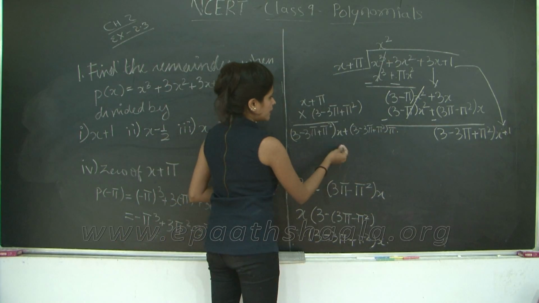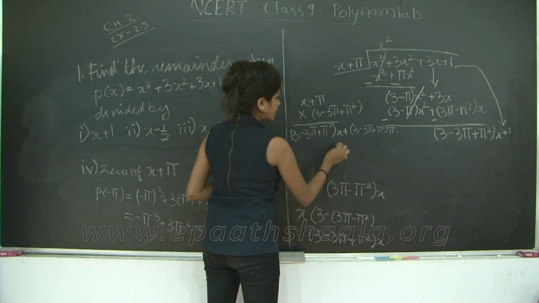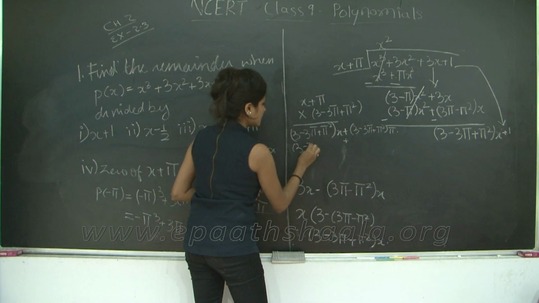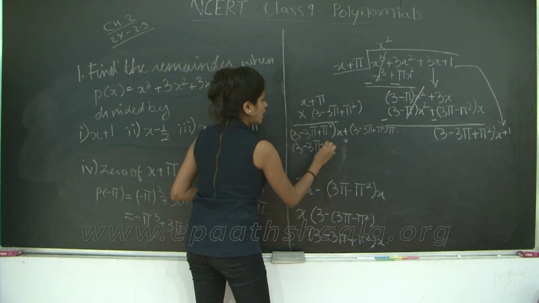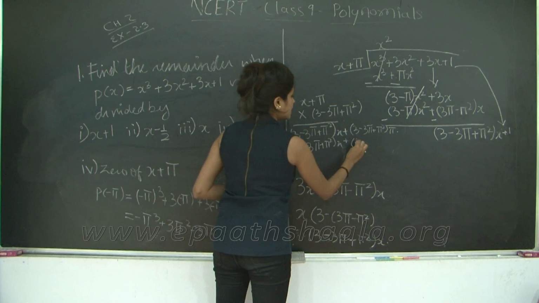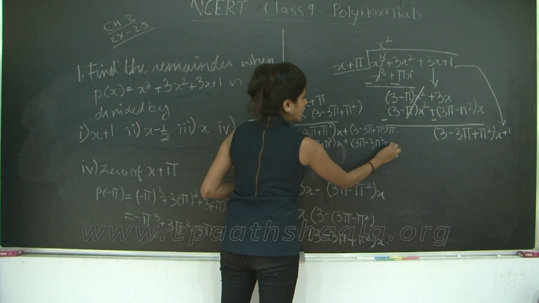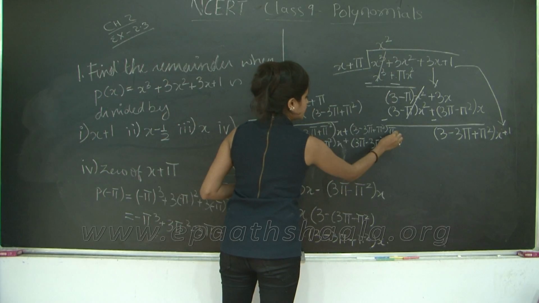So I am just going to take my pi inside. This will come as it is, 3 minus 3 pi plus pi square into x plus 3 pi minus 3 pi square plus pi cube. Correct?